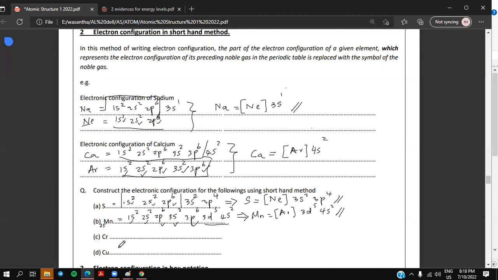You have to see the session of writing electronic configuration in SPDF notation to get initially the electronic configuration of chromium and copper, and afterwards it's a matter of just replacing the part of the electronic configuration that represents the preceding noble gas. Replace that part with the noble gas, and you can finish the work.